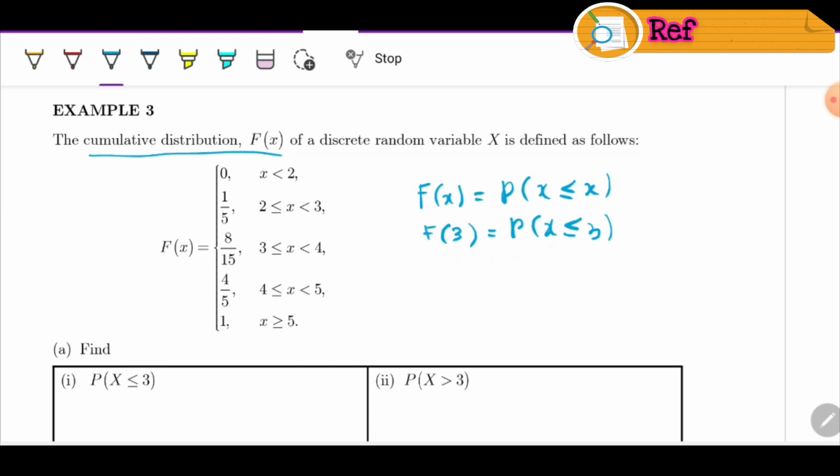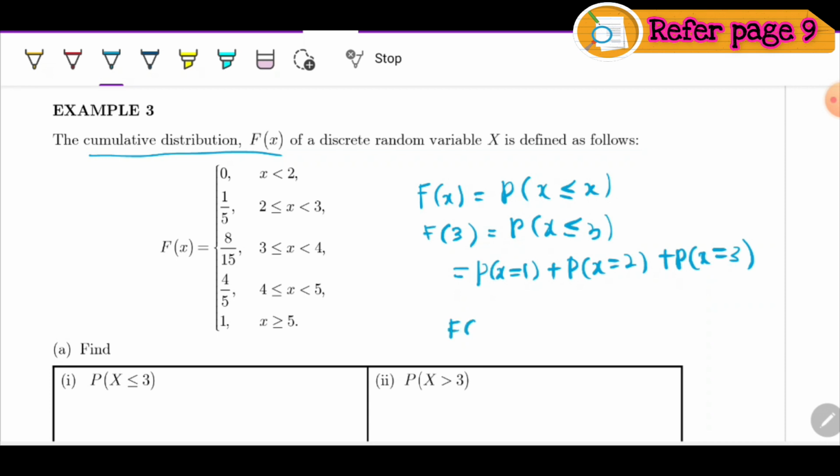It means the sum of the probabilities up until x equals 3. So P(x=1) plus P(x=2) plus P(x=3). So you must remember that F3 is not equal to the probability x equals 3.